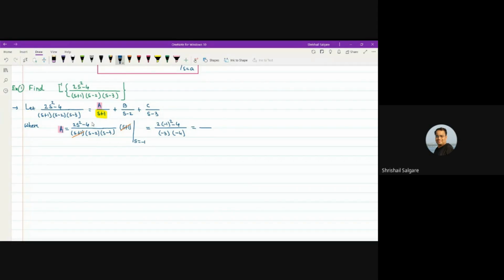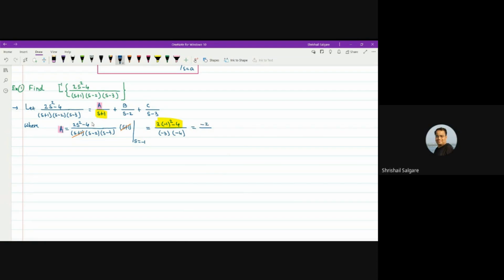What is the evaluation of the numerator? I will highlight the term. -2. Okay.